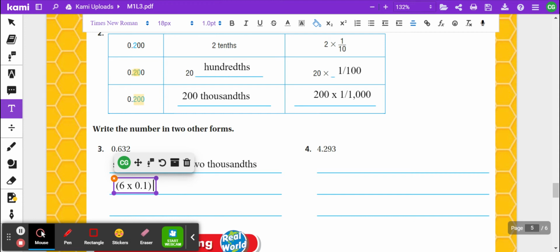That in parentheses. Add. The 3 is in the hundredths place value, so I can have 3 times 0.01 for the hundredths. Let me put those in parentheses.